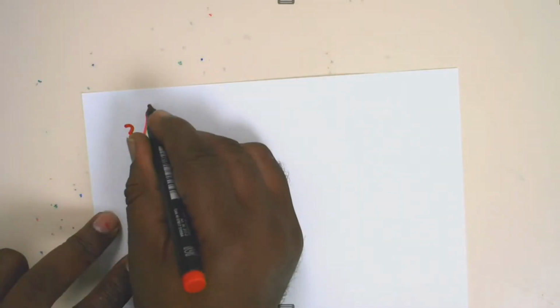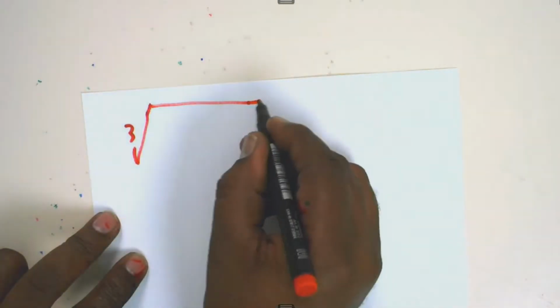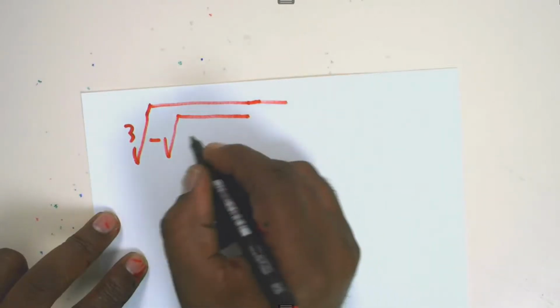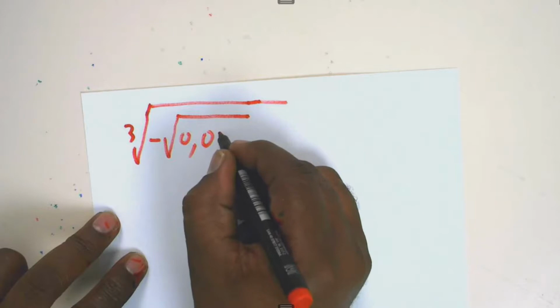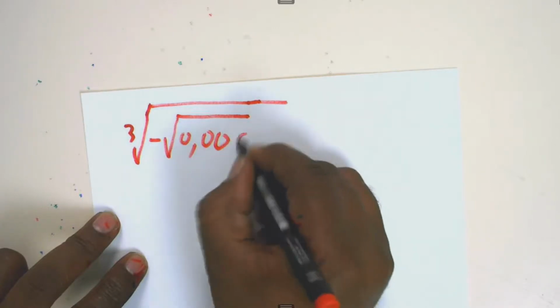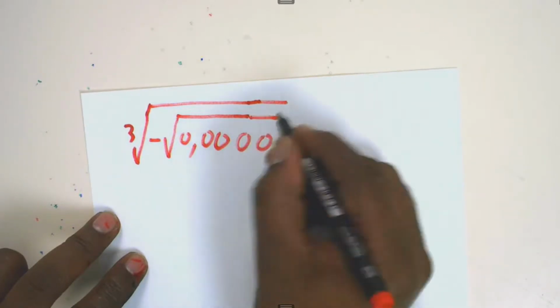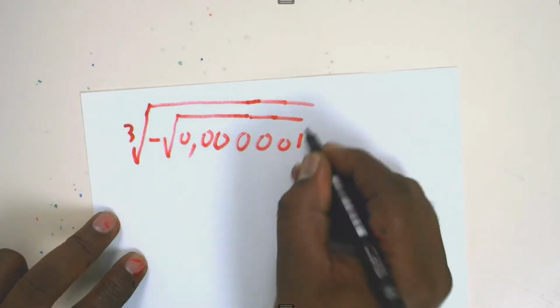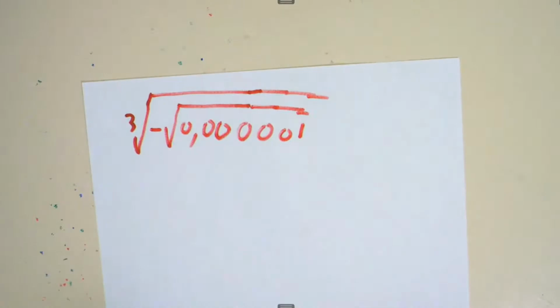Okay, let's take another question. And of course, make sure it's correctly copied. 0.01, with 1, 2, 3, 4, 5 zeros.